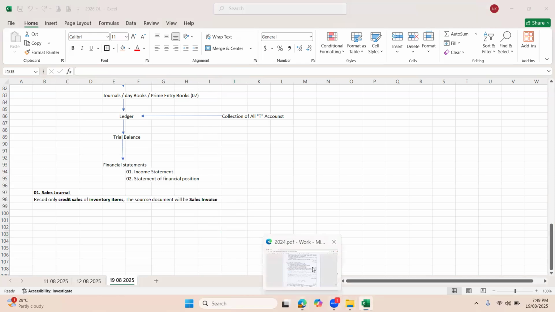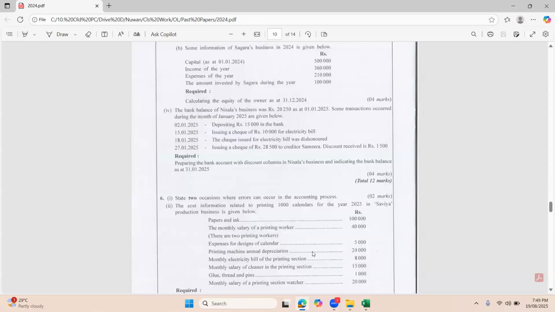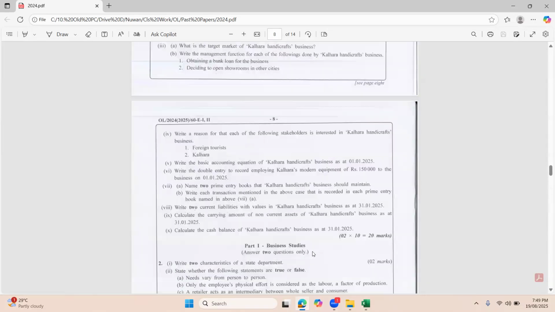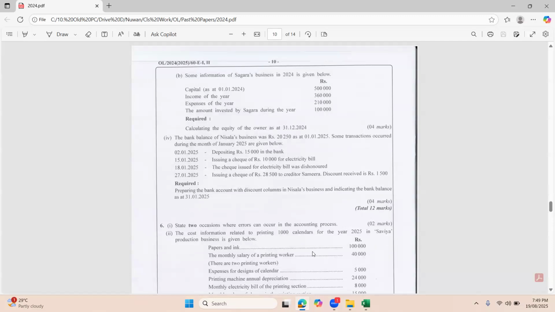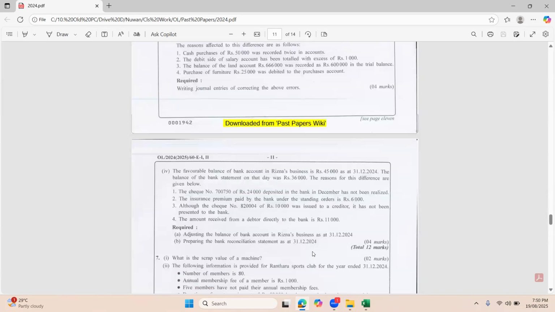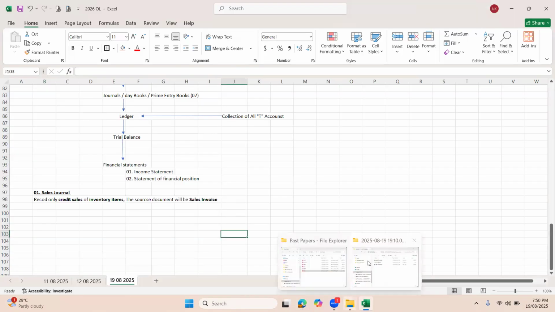So I saw one of the papers where a question on the sales journal has been tested. We'll see that one in this paper.